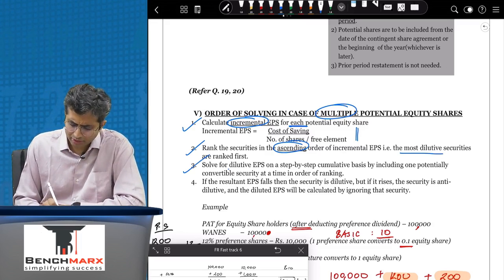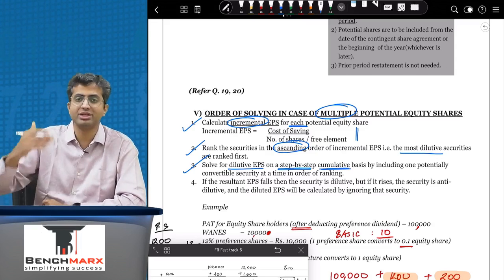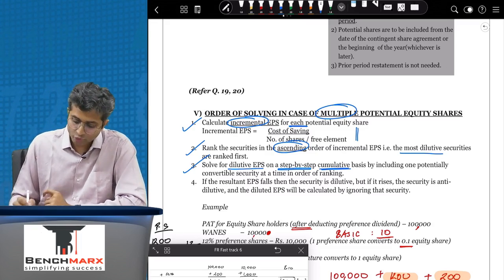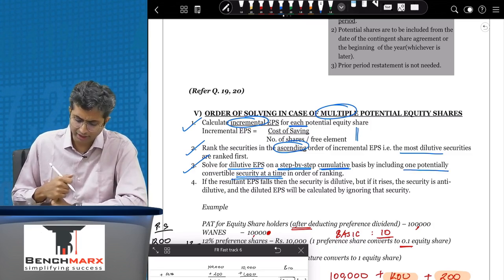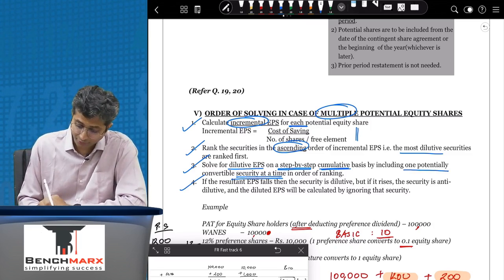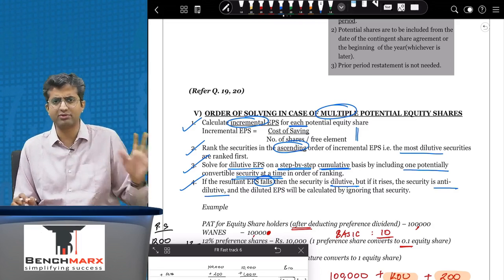Third, solve for the diluted EPS on a step-by-step cumulative basis, that is one by one, by including one potentially convertible security at a time, in the order of ranking. If the resultant EPS falls, then the security is dilutive, but if it rises, the security is anti-dilutive, and hence the diluted EPS is calculated without that security.